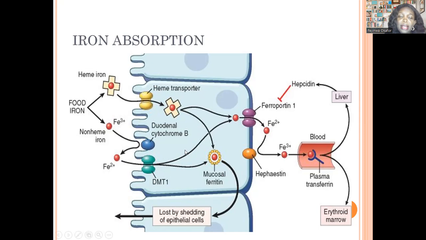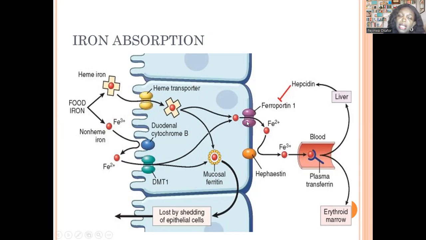Now, when they are inside the duodenal cell, two things happen. Either they are stored in mucosal ferritin as part of the mucosal ferritin in duodenal cells, or they move through the basolateral wall of the duodenal enterocyte through a channel called ferroportin.